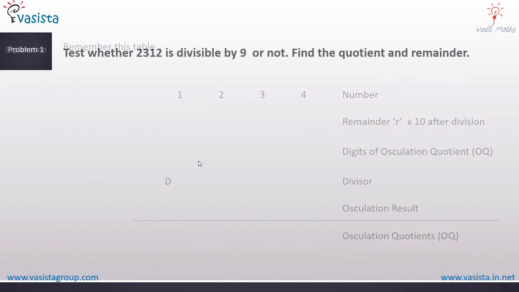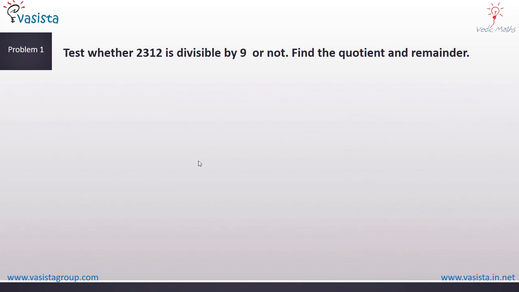Let us check this out. The question is whether 2312 is divisible by 9 or not. You can directly check by using the rule you already know: the sum of the digits of a number must be a multiple of 9, then the number is divisible by 9. I am showing this only as a working model.